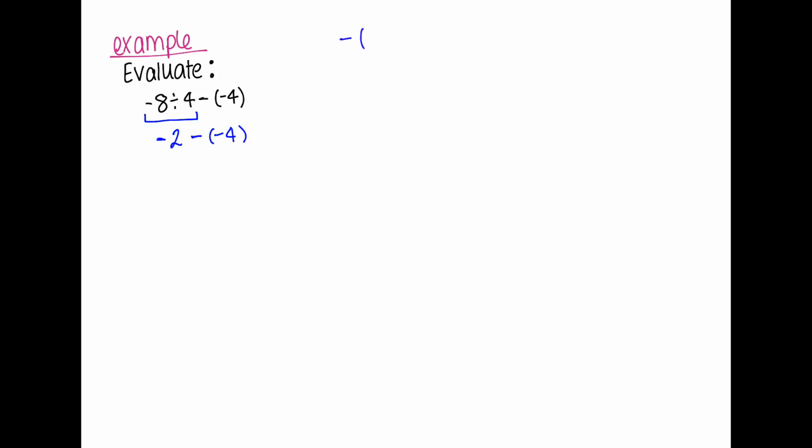When you see this minus and then a parenthesis and a negative, this can be turned into just a plus sign. So you could just ignore that last parenthesis, because when you subtract a negative, it turns into just addition. So negative 2 plus 4, that will give you positive 2 as an answer.